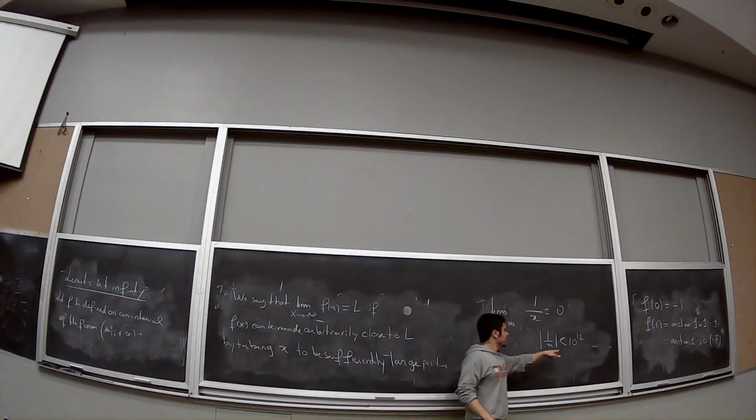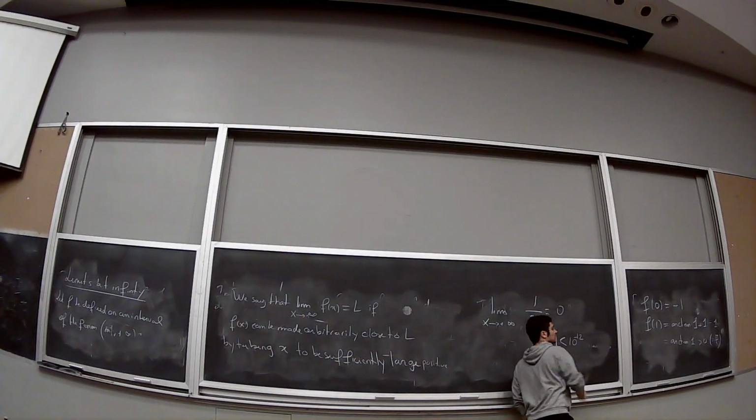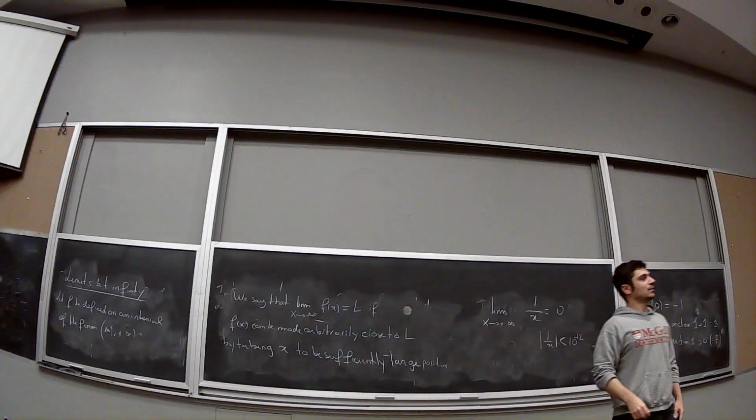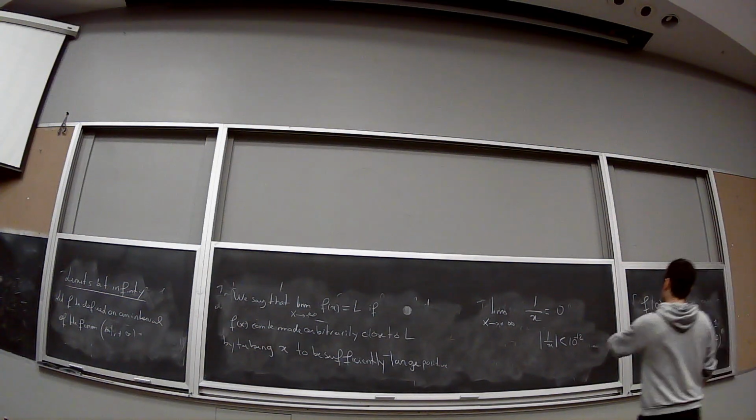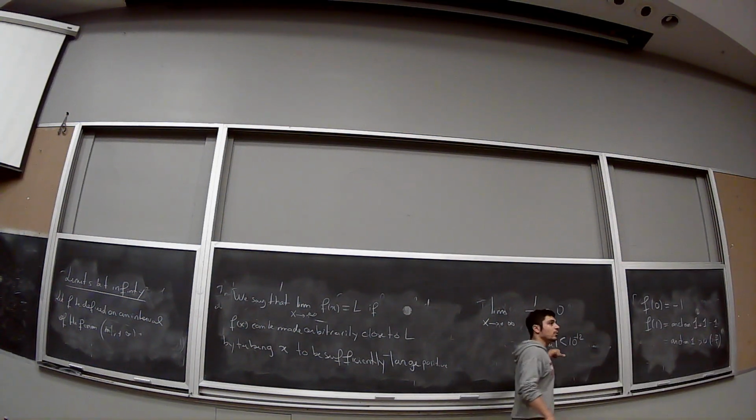Can I make 1 over x smaller than 10 to the minus 12? How do I choose my x? x to be bigger than 10 to the 12, right? You agree with this or not? So I can make 1 over x sufficiently close to 0 by requiring x to be bigger than 10 to the 12. Is that clear?